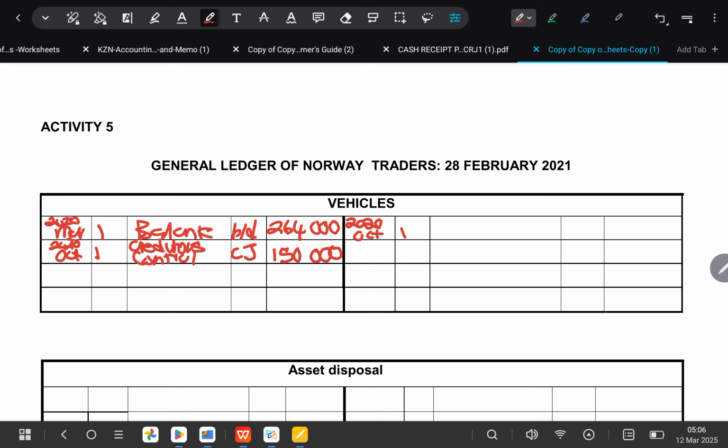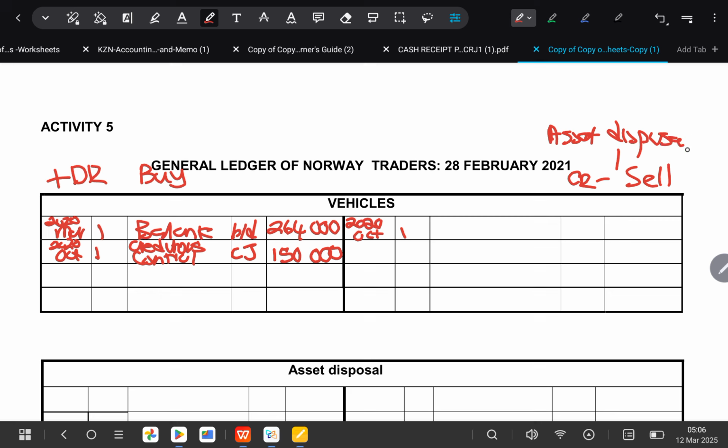Remember, when we sell an asset, we debit asset disposal and credit our asset account. In this case, our vehicles will increase when we buy, and they will decrease when we sell. They decrease on the credit side, and when we sell, we relate this to asset disposal.